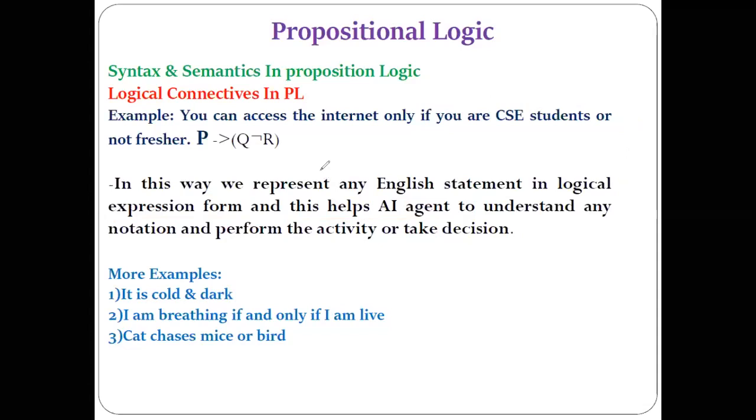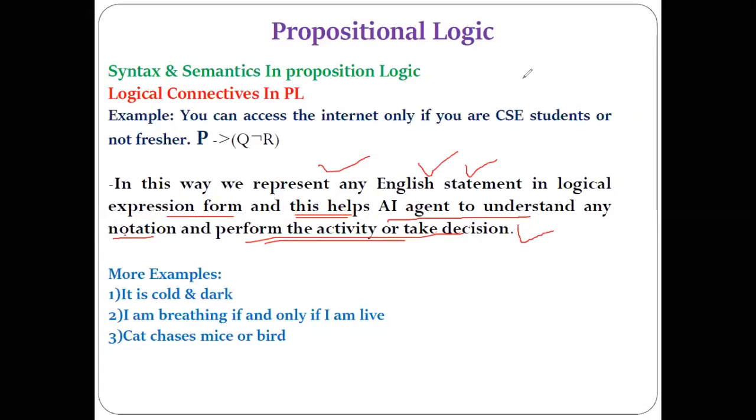And in this way, we have seen we can represent the different kinds of real world facts or English statements in logical expression form. And using this representation in propositional logic, the AI agent can understand this notation and perform different kinds of activity or decisions. Understood?